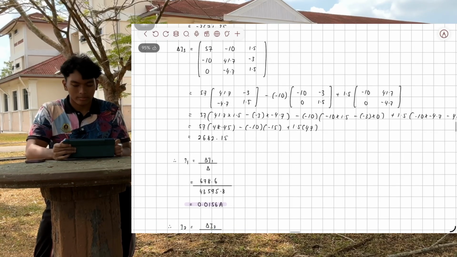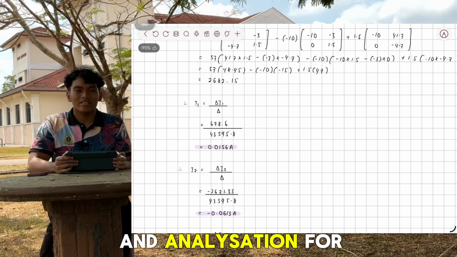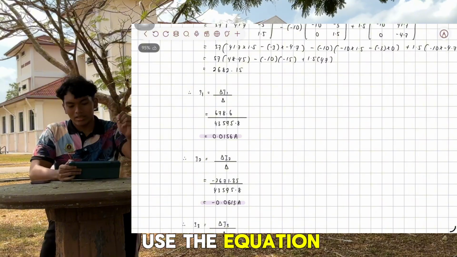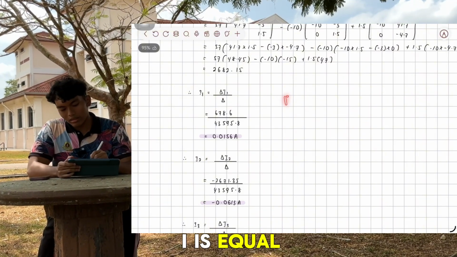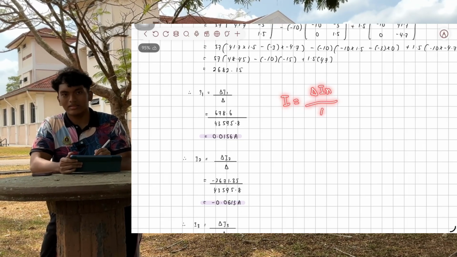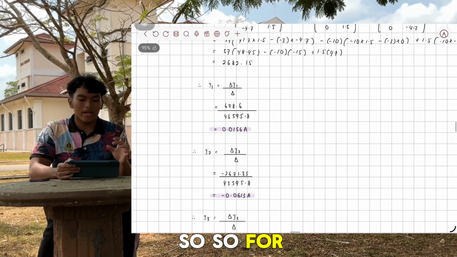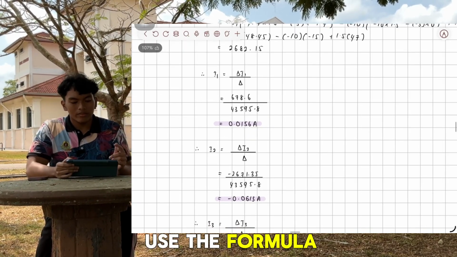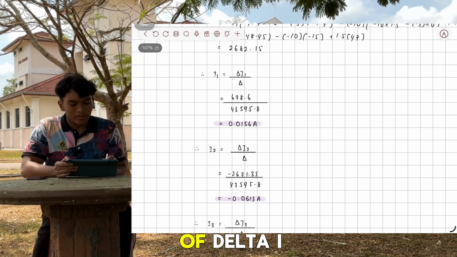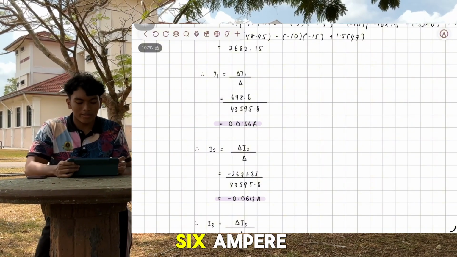So, for our last interpretation and analysis of the values of the currents, we need to use the equation I equals delta In over delta. Delta is our main determinant. So, for I1, we use the formula delta I1 over delta, and the answer for I1 is 0.0156 ampere.